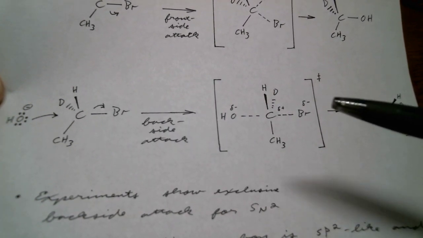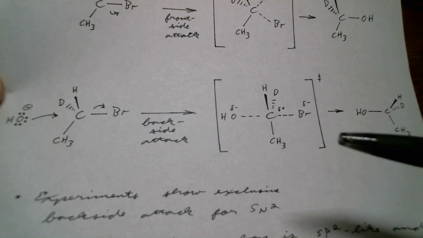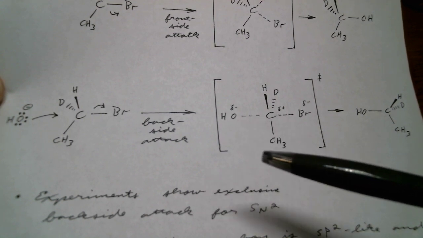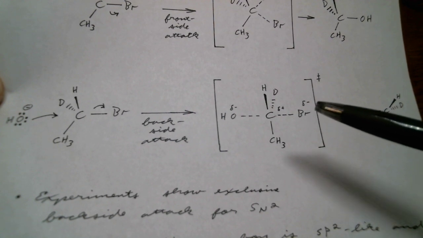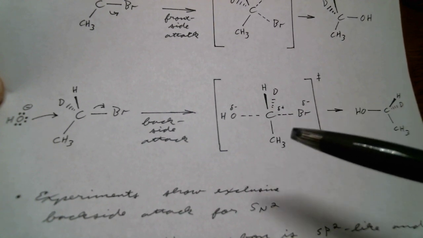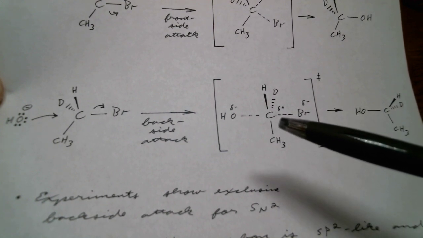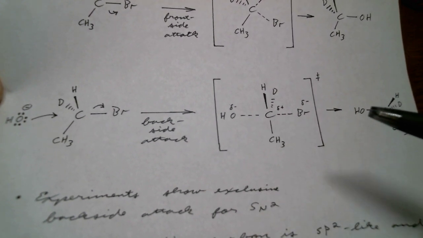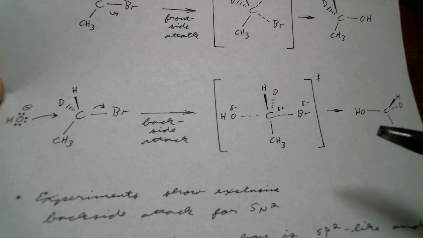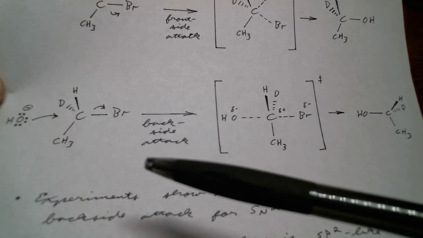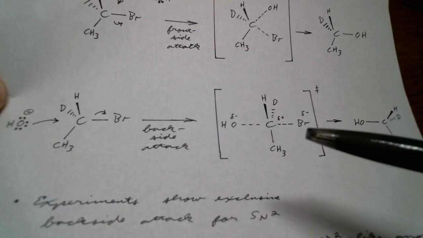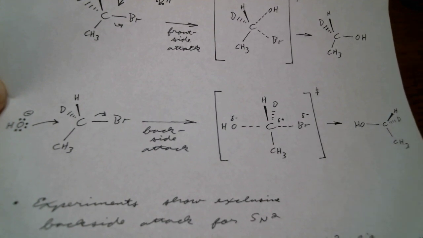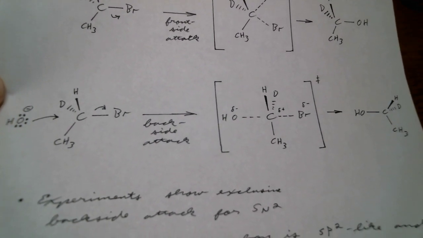Here's a transition state, and you can see the hydroxide's got some sort of delta minus charge, the bromine atom has a delta minus charge, and the carbon has an electropositive delta plus sign. And you can see that we formed a different stereoisomer in this backside attack than in the front side attack. In fact, these would be non-superimposable mirror images, otherwise known as enantiomers.